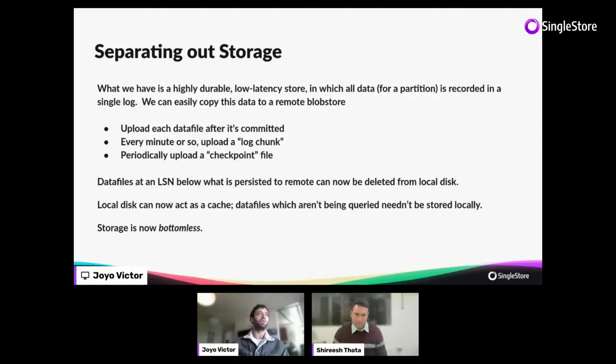Periodically we'll upload a file that looks like a log file, but only has inserts in it. It has the state of all of the in-memory skip lists and all of the column store metadata, and obviously your tables and your stored procedures and your pipelines and the pipeline metadata and all these things. And it does this at a specific version, which we haven't talked about yet.